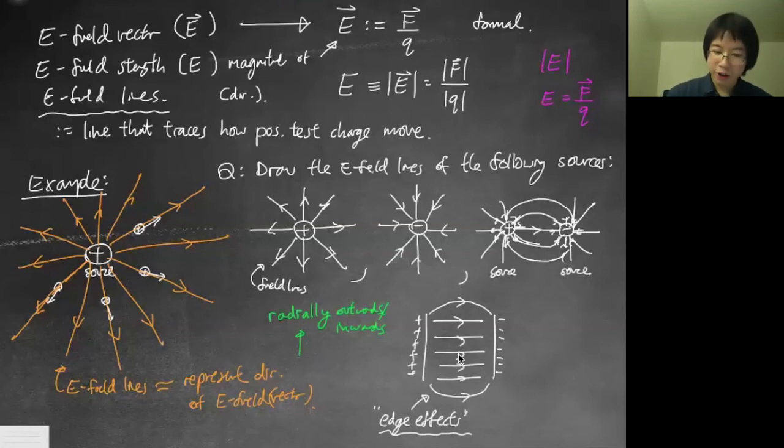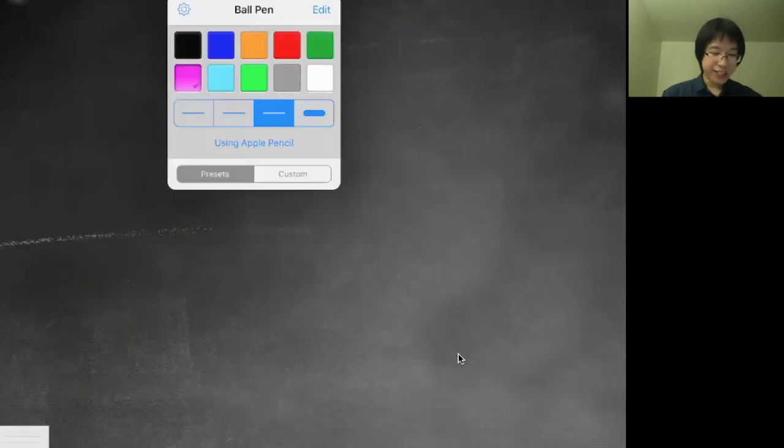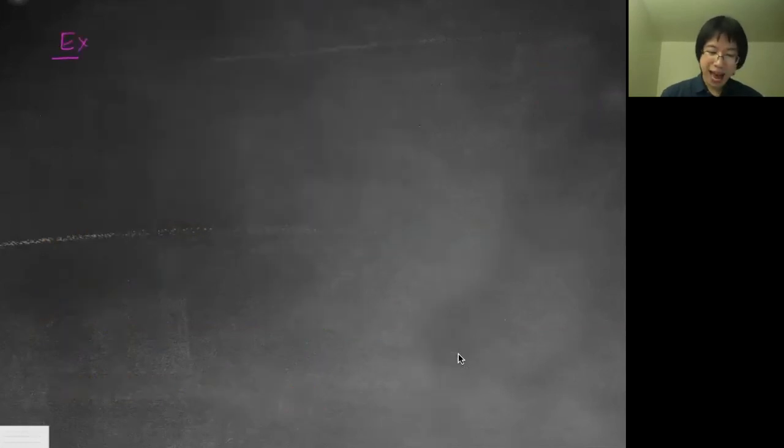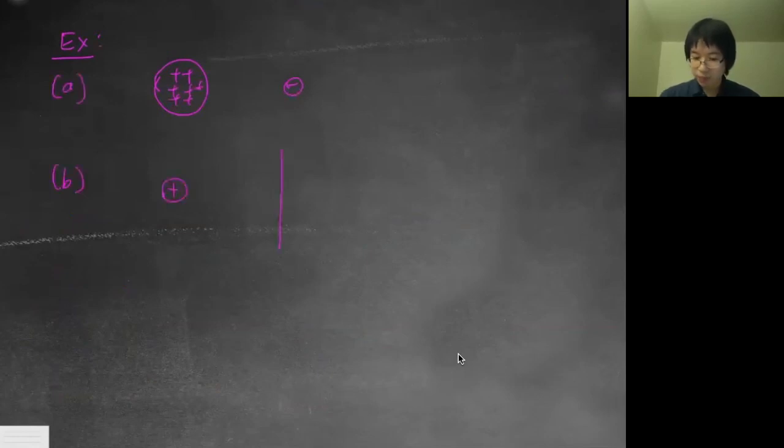Okay. So these are a couple of examples, and I'll give you an exercise. You can try some of these at home. What if you have a big charge and a small charge? How would it look? Can you draw the field lines for this? And what if you have a positive charge here and you have a negative plate like this? How would the field lines look?